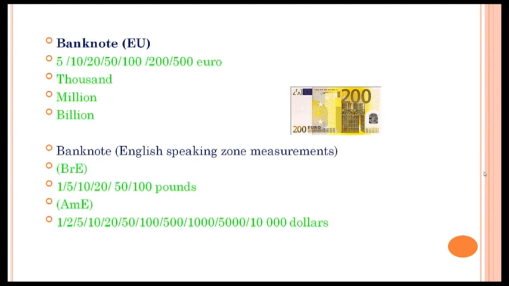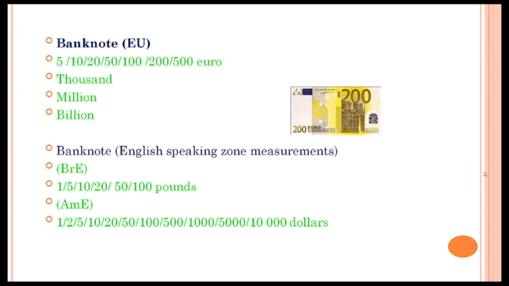European countries use 5, 10, 20, 50, 100, 200, and 500 euro banknotes. In Great Britain, people use 5, 10, 20, and 50 pounds banknotes. There are also 1 and 100 pounds banknotes, but they are rarely used.